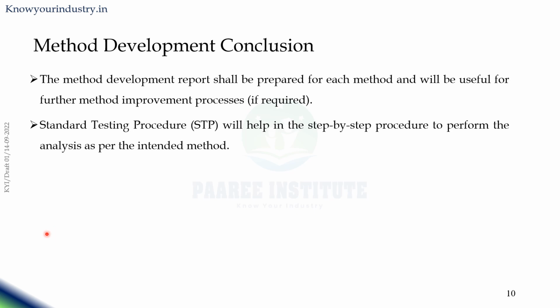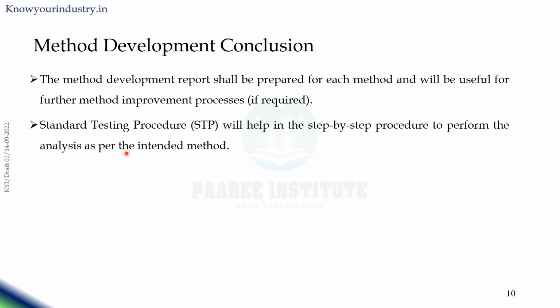Finally, we conclude the method development with a method development report, which contains all the information about the different processes we carried out during the method development and the optimization process, which can be referred to at a later stage if we have to further modify the method for better results.